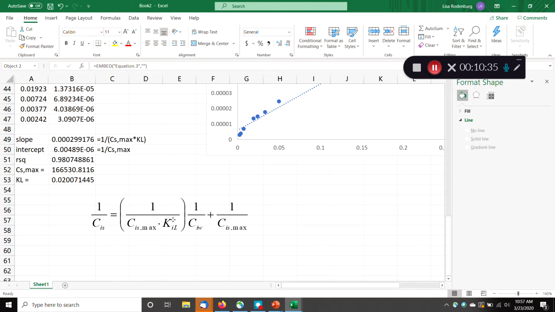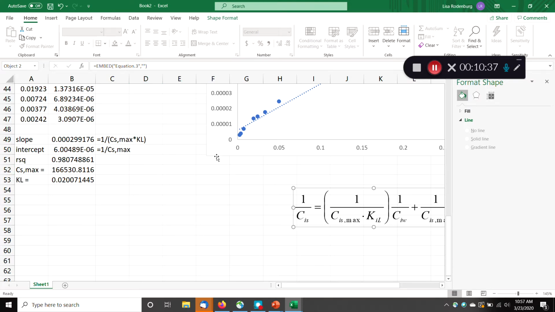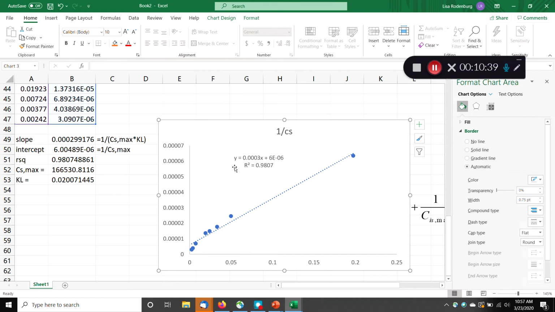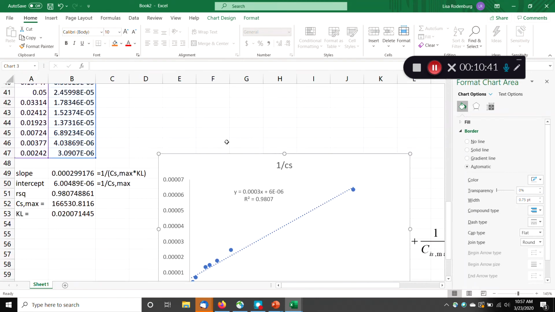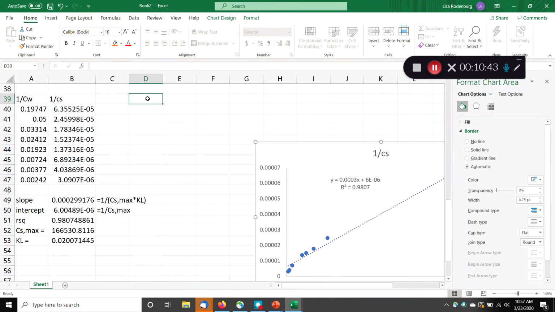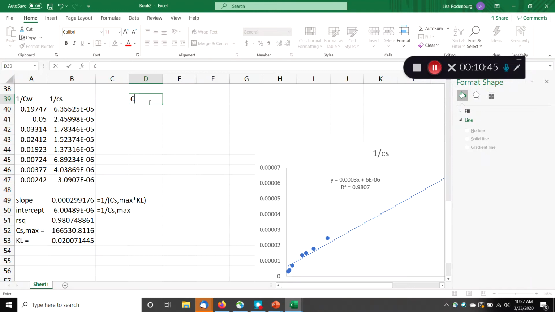Now let us plot the data, not in this transformed version, but let's plot it for real, in the right way. So here's our CW, our CS, and this is our measured, so we'll call this CS,measured. And then let's also plot CS,predicted.